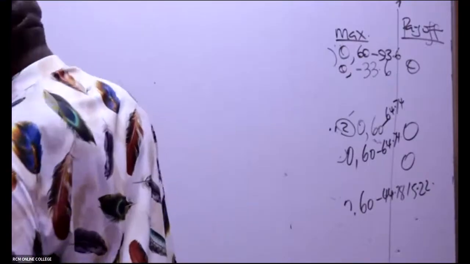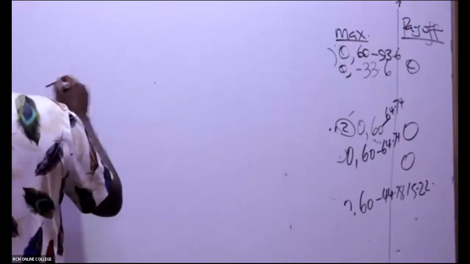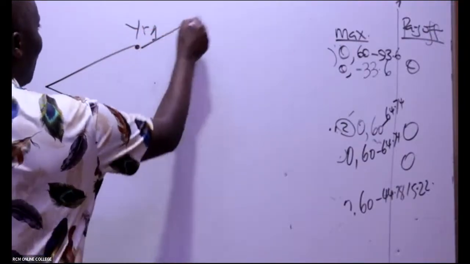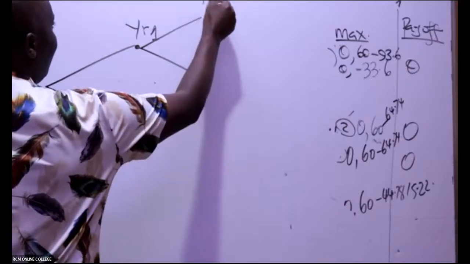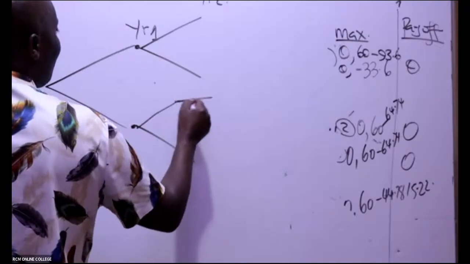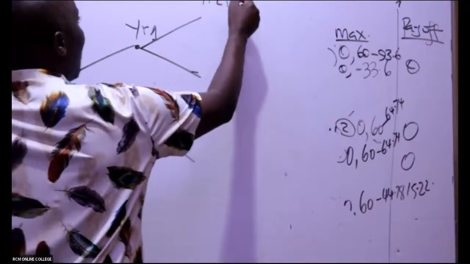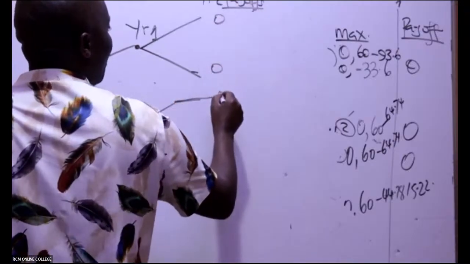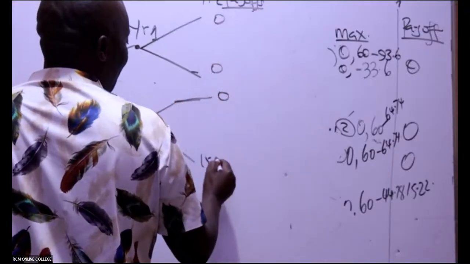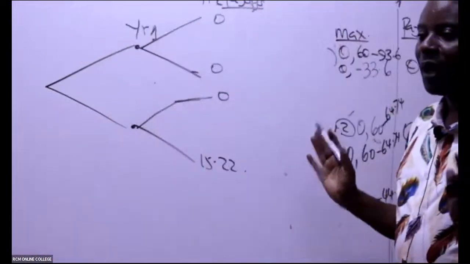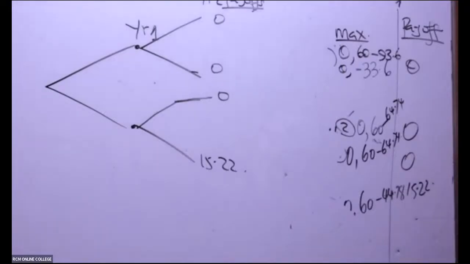So we have year 1, then from year 1, we have year 2. Only payoffs. So payoffs 0, 0, 0, and then we have 15.22. Only payoffs. I need still to expand this a little bit.